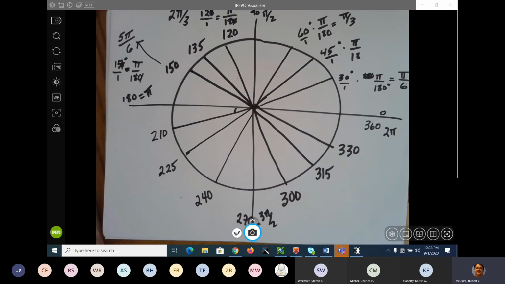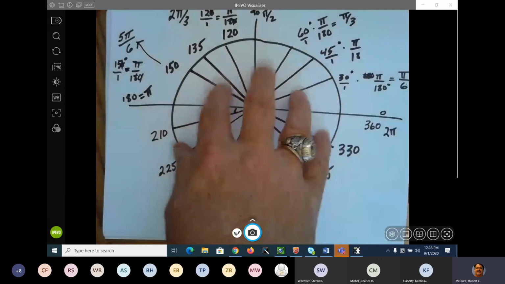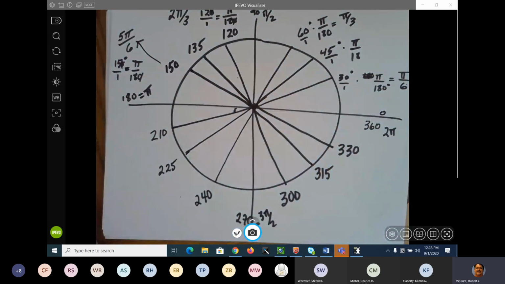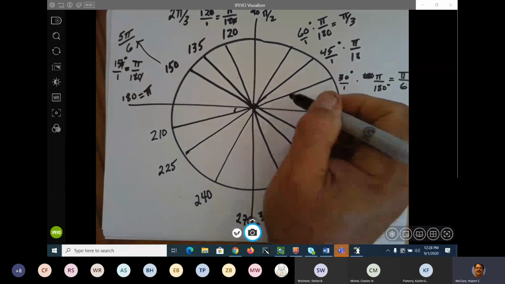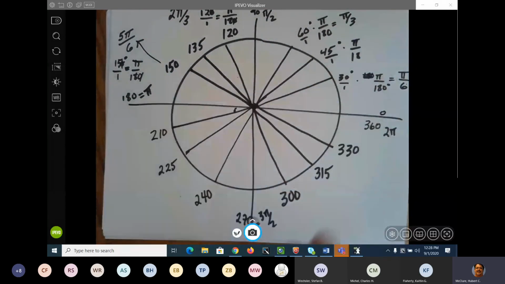I guarantee there's people out there that nobody showed them the relationships that I'm showing you right now, because I was never shown the relationships. All you got to know is those 3 angles, 30, 45, and 60, and you can fill out the whole thing.